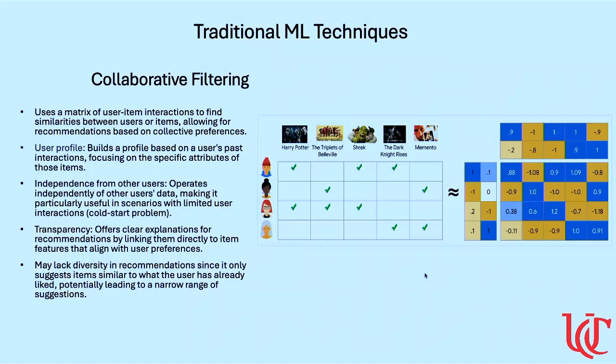Apart from that, I think one aspect where this approach might lack is the diversity, or how it recommends the newer products which have not been interacted with. Since this works mostly on a user-item interaction matrix, new items don't have that much interaction.